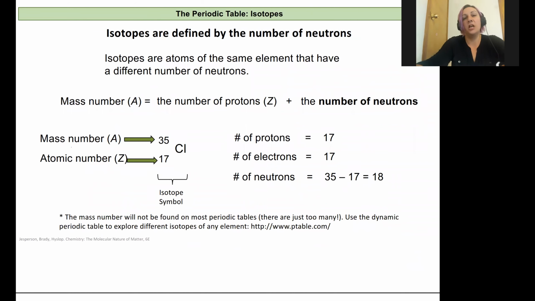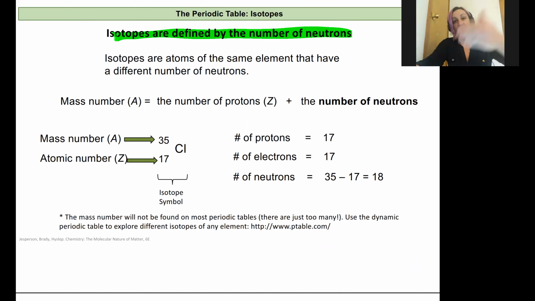Now, if we change the number of neutrons within the nucleus of an atom amongst several atoms that have the same number of protons, then we are looking at different isotopes. Isotopes are defined by the number of neutrons within an element. So isotopes of each other always have the same number of protons, and the thing that varies is just those neutron values.